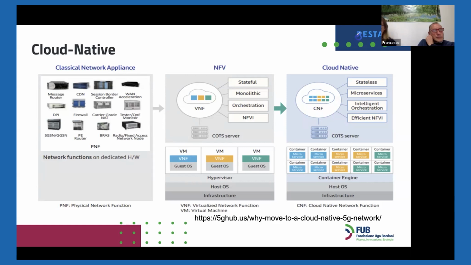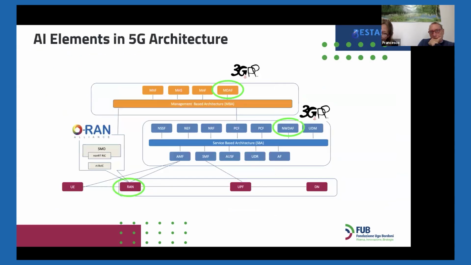If we move to the next slides, the 3 pillars that we have discussed before, full programmability, AI native design, cloud native infrastructure, that we are considering for the evolution of 5G towards 6G, form the fundamental framework for building a truly intelligent network. But to realize the full exploitation of AI, these pillars must be integrated with intelligent network elements.